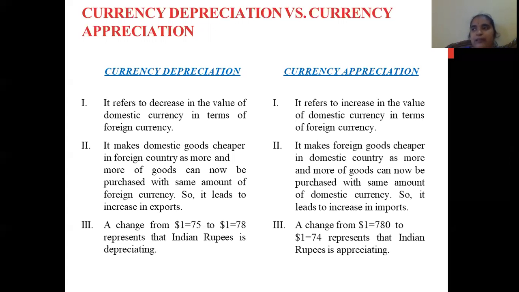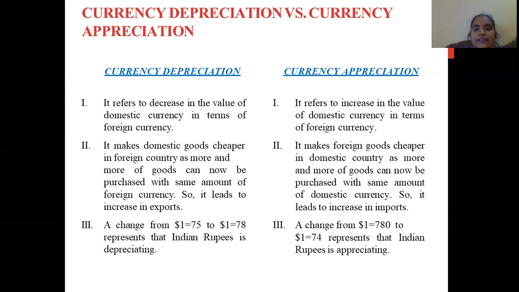This means when the rupee value decreases, our products become cheaper and thereby it boosts or increases exports. On the other hand, if there is appreciation in the domestic currency, our goods become costlier and it leads to an increase in imports.